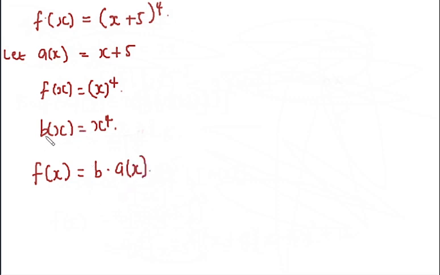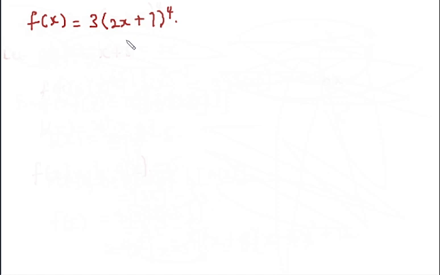Okay, so you can view the composition backwards. So we are starting from b to a. If we had c, it would be from c to b to a. So let's take another example again. So let's say f of x is equal to 3 open brackets 2x plus 7 to the power of 4.